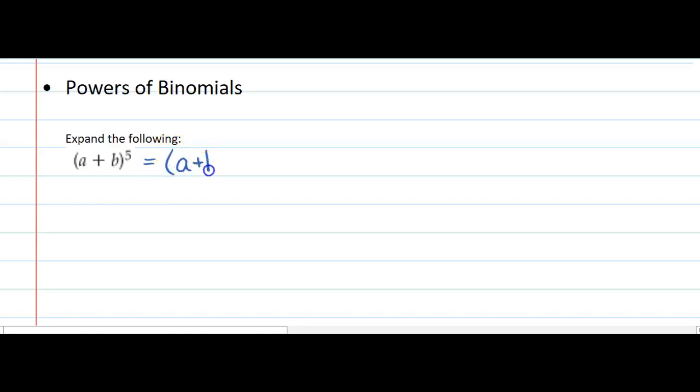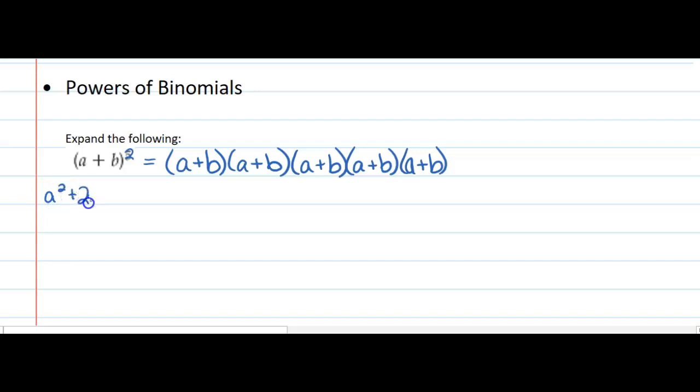A plus b to the 5th literally means a plus b times itself 5 times. It's kind of the same reason why a plus b squared is not equal to a squared plus b squared. It gives us a squared plus 2ab plus b squared.